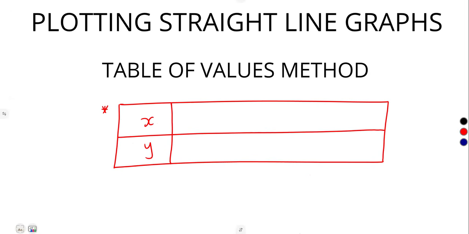The X values represent the input, and the Y values will be our output. Meaning you insert the input, the X value, to obtain the Y value. On the table of values method, three values are fine to use. In actual sense, you can work with two values, but we use 3 points just for clarity.